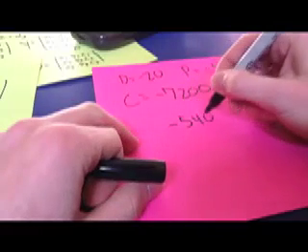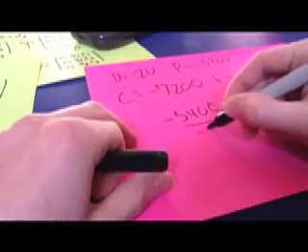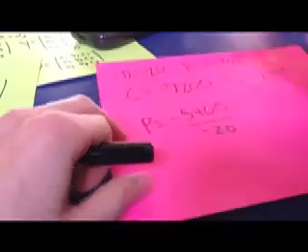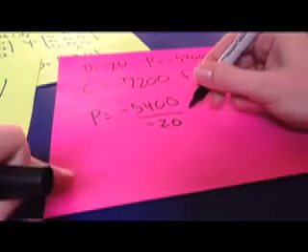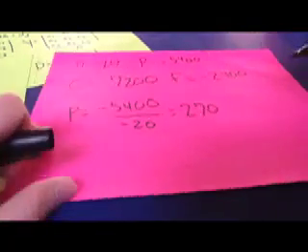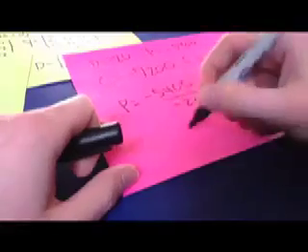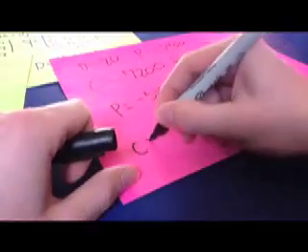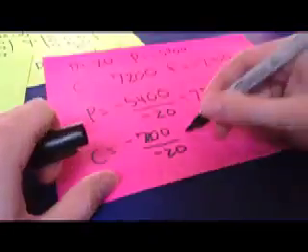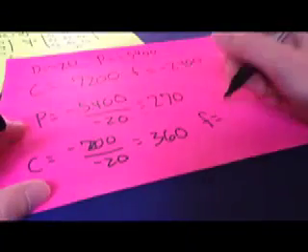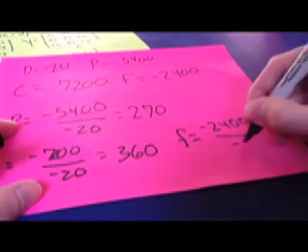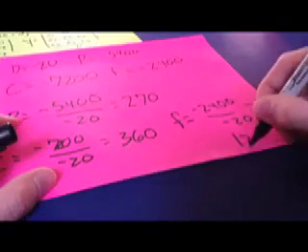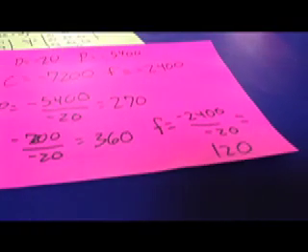So to get the value of P, you divide, and that number is 270. And then the value of C is 360. And lastly, the value of F equals negative 2,400 divided by negative 20, which is 120. And that's how you solve a 3 by 3 matrix.